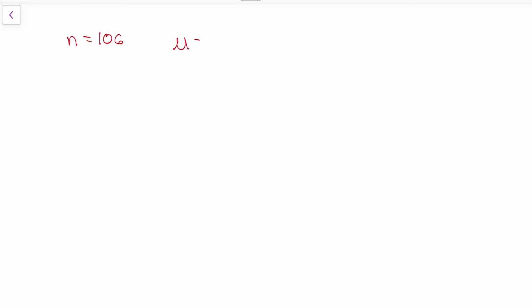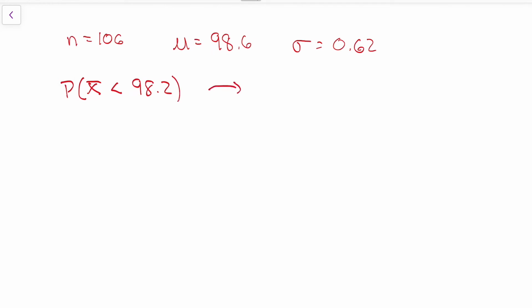The mean of our original sample is 98.6 degrees with an original standard deviation of 0.62. I want to find the probability that the average of these 106 people has a body temperature of 98.2 degrees or lower. So because I'm dealing with an average, I want the z-score from the central limit theorem.